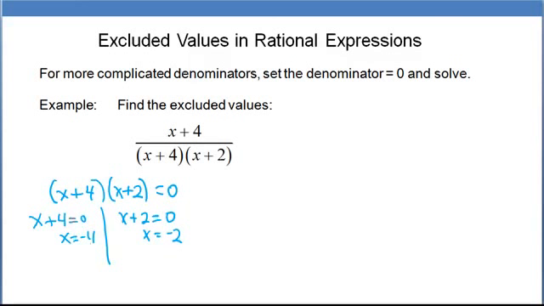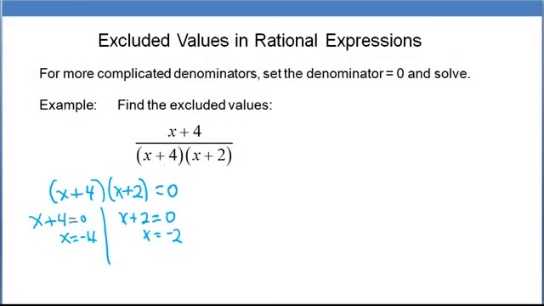So we have two excluded values. We cannot let x be negative 4 because it would make this parentheses 0 times negative 2 is going to be 0. 0 times anything is 0. And if we put the negative 2 in, it would make this parentheses 0 times the 2 would be 0.